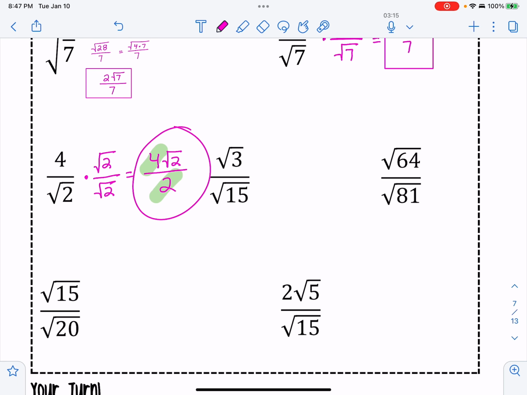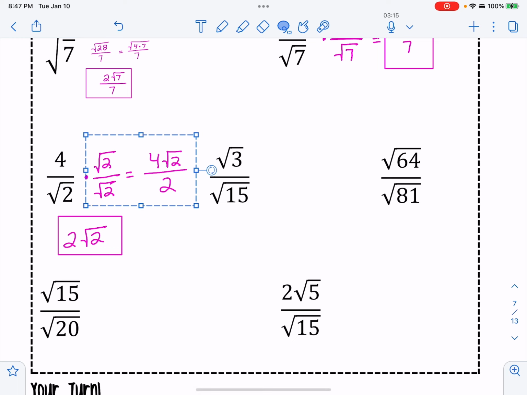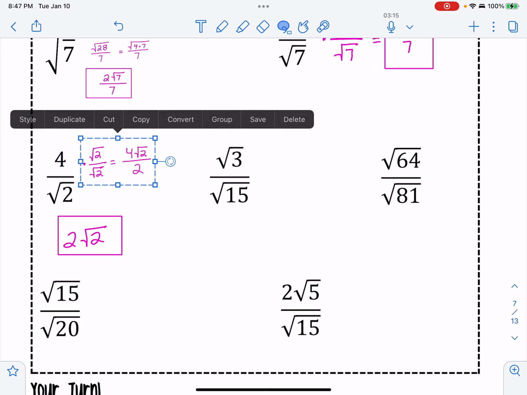So if you notice, that 2 in the denominator cancels, and I'm left with a 2 in the numerator, which is just 2 times the square root of 2. I'm going to minimize that.